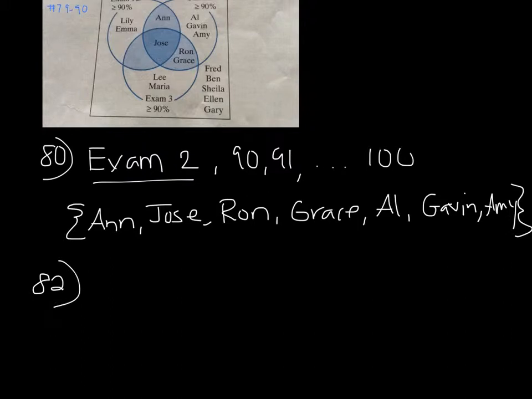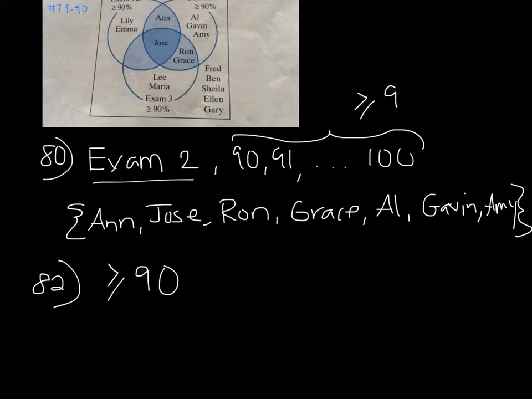How about 82? 82 says the set of students who scored 90% or above on exam 1 and on exam 2. So they scored 90% or above, so we can say greater than or equal to 90. That's really what that means.